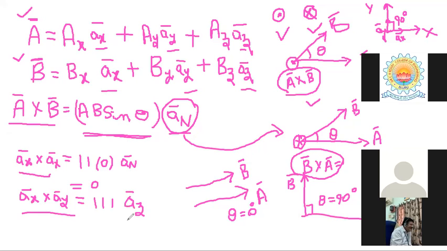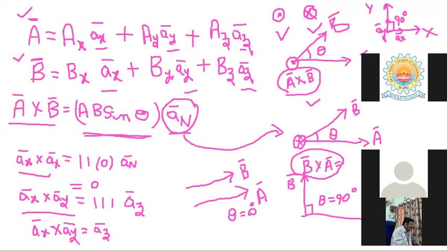That's why here I am taking the Z direction. So finally, ax bar cross ay bar is equal to az bar. That is very important. You get plus az bar.